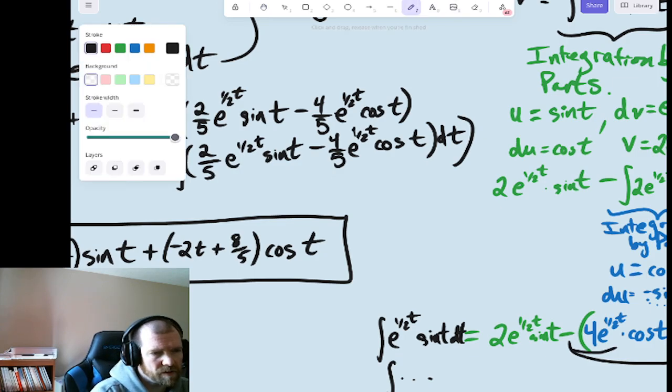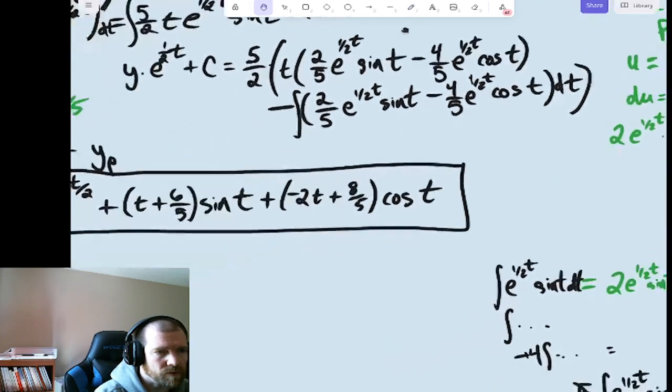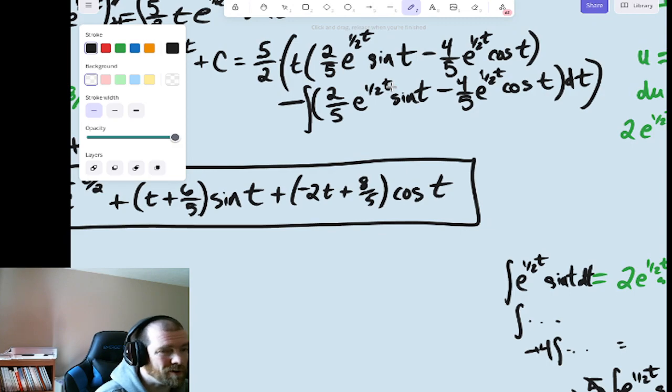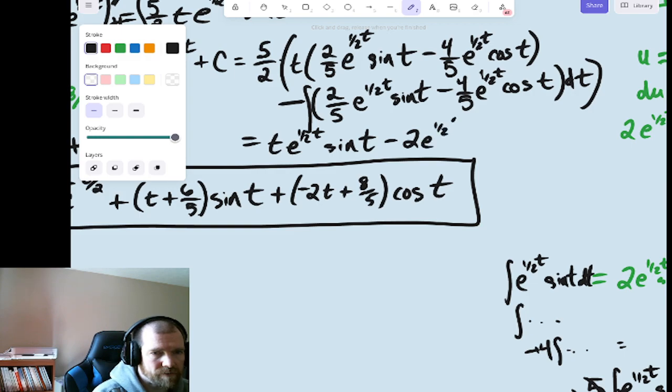Okay, so this is going to be... In what order do I want to really screw this up? This is going to be t e to the 1/2 t sine of t minus 2 e to the 1/2 t cosine of t.